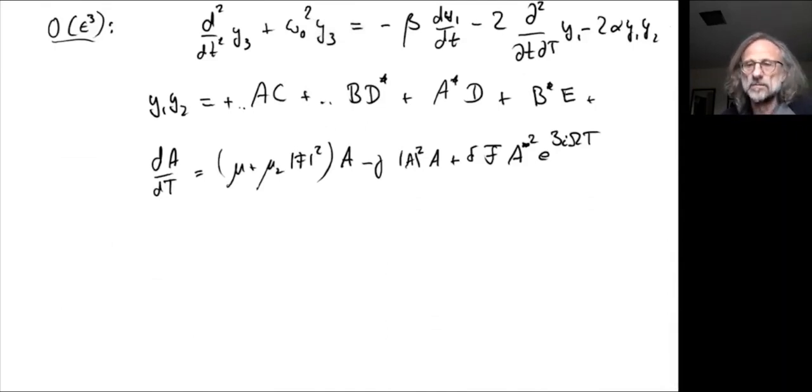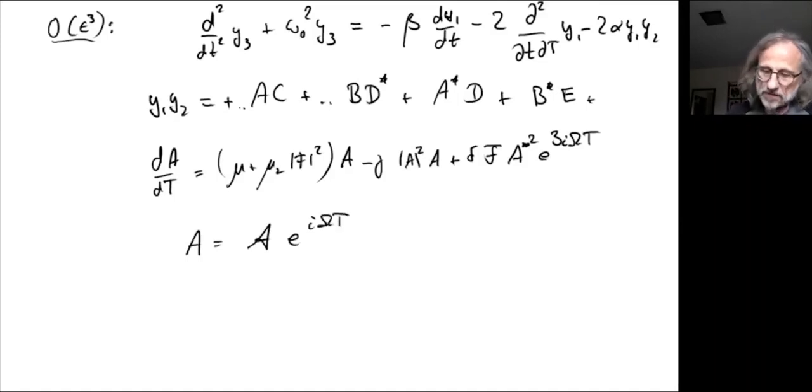But you can get rid of it if you absorb it into A, if you simply make a phase shift. So if you say A is equal to some curly A times e to the I omega t, then you see that this term is e to the minus 2 omega t, but there's overall an e to the I omega t.